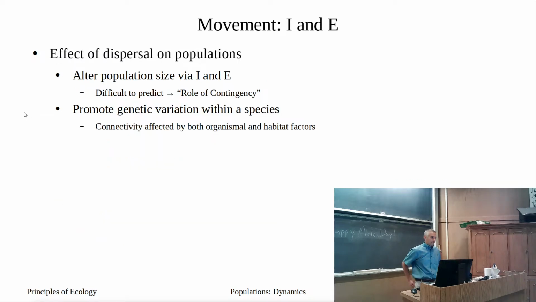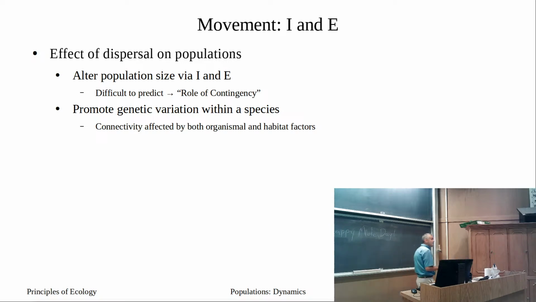All right, what's the effect of dispersal? We've had some of this. This is kind of review. The review part was promoting genetic variation within a species, and we've talked about that, that's connectivity. Our connectivity is affected by organismal and habitat factors. The organismal factors are our ability to disperse and our propensity to disperse, but then we also have the habitat factors.